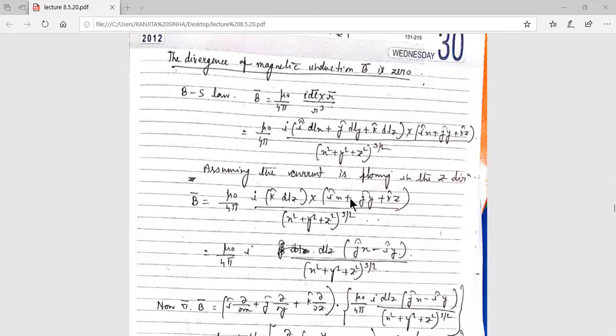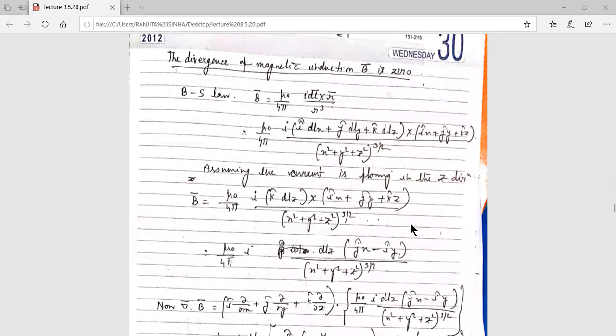Now this is crossed with i hat x plus j hat y plus k hat z. The denominator is the same. Now we just take the cross product. k hat cross i hat is equal to j hat. k hat cross k hat is 0, and k hat cross j hat is minus i hat.